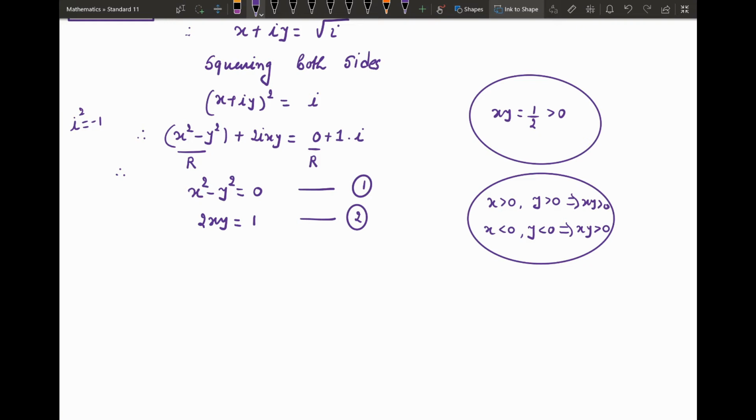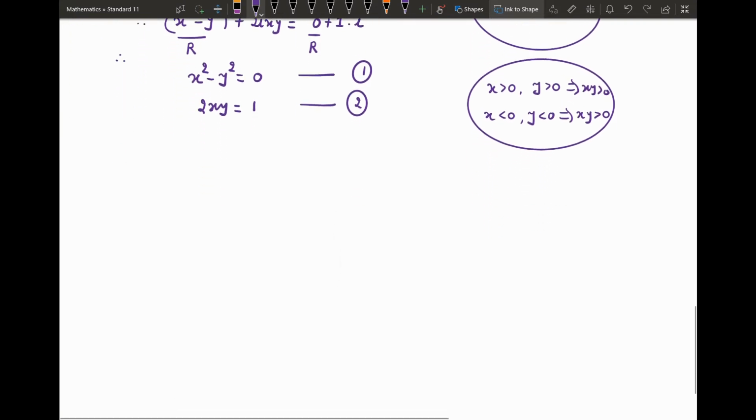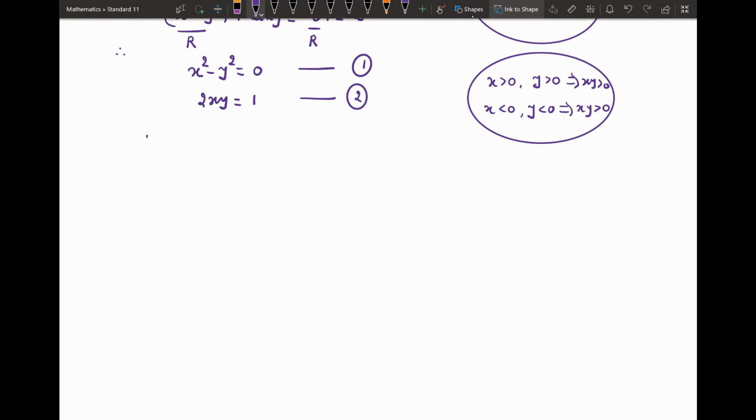So this thing we have to take care of when we consider x and y. Both positive, then positive into positive will be positive, and both negative, in that case negative negative multiplication will be positive.